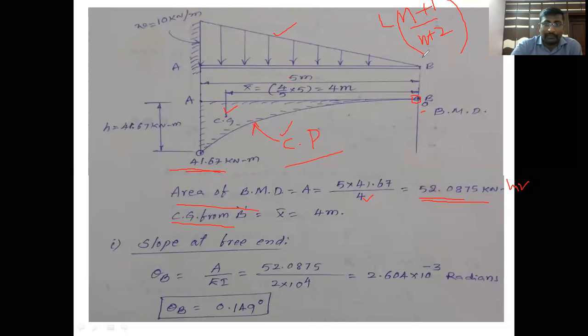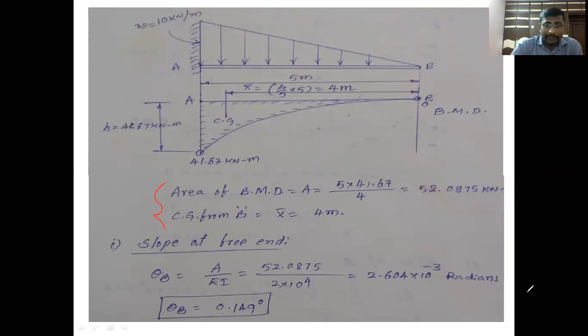So 3 plus 1 by 3 plus 2, 4 by 5 into 5, is 4 only. So x bar is 4 meters. From the apex, at a distance of 4 meters, the CG will be located. Clear, students? Do you understand how to calculate the area and x bar?